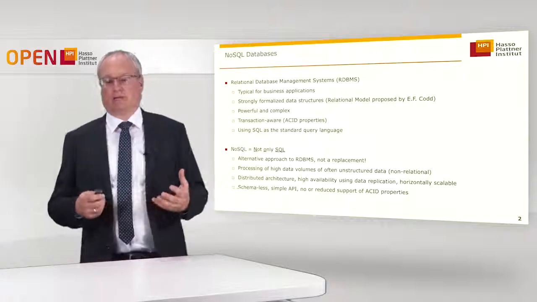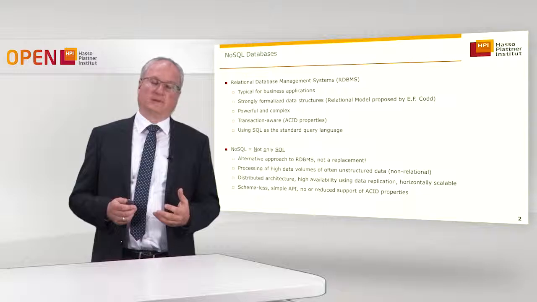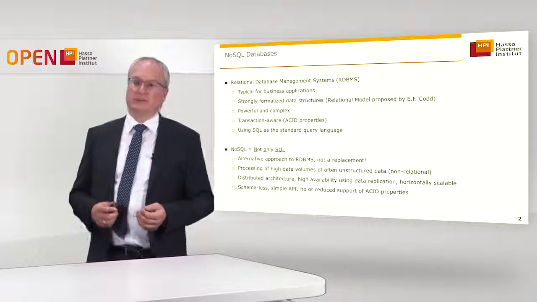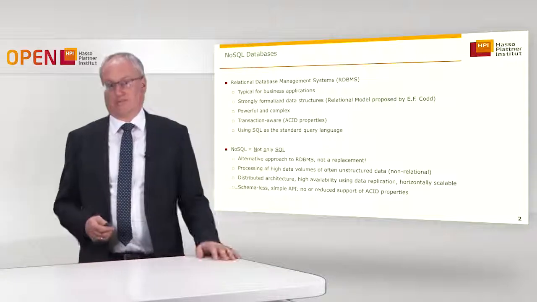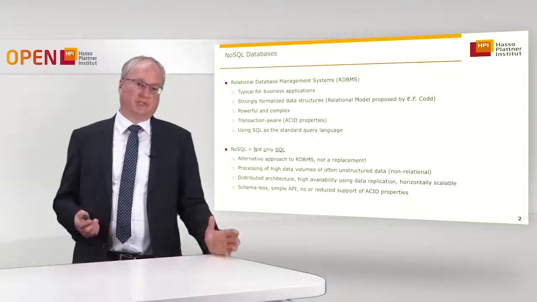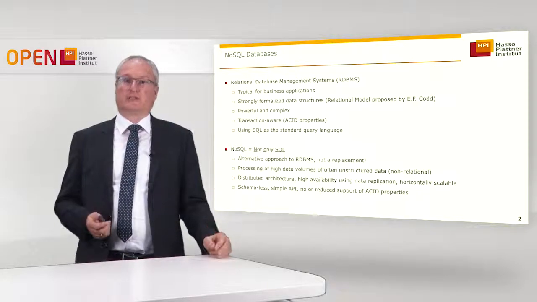For example, if you think of data in the internet, you might have videos, audio files. These are very, very poorly structured information. We have geospatial data. We have the social graph in social networks.